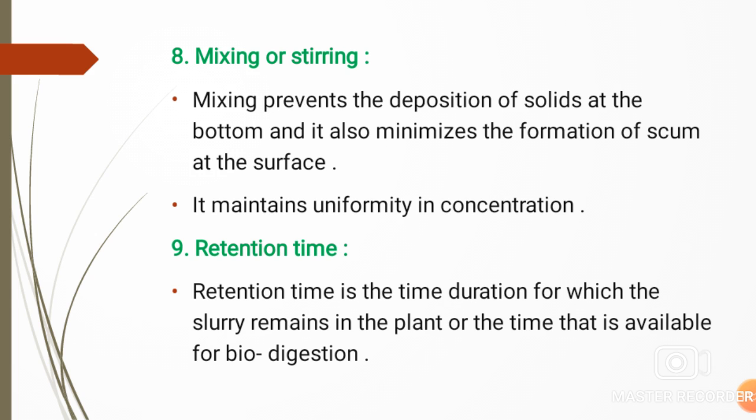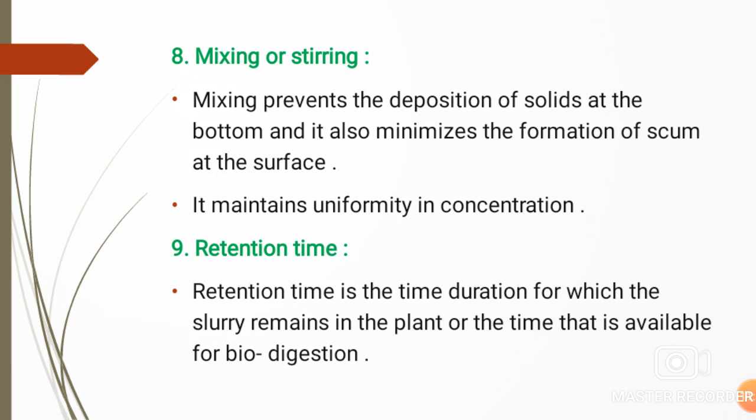Next parameter is the retention time. Retention time is the time duration for which the slurry remains in the plant, or the time that is available for biodigestion. That means retention time is the time for which the slurry remains in the tank or digester.